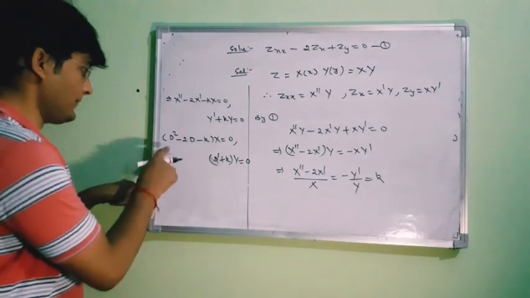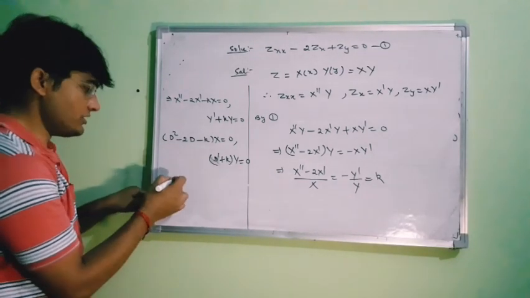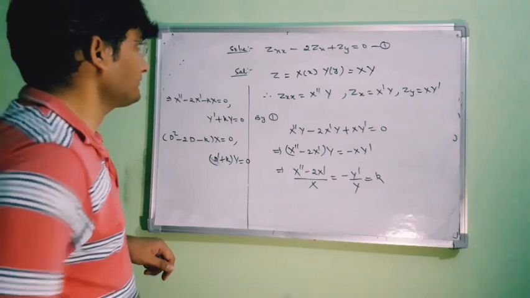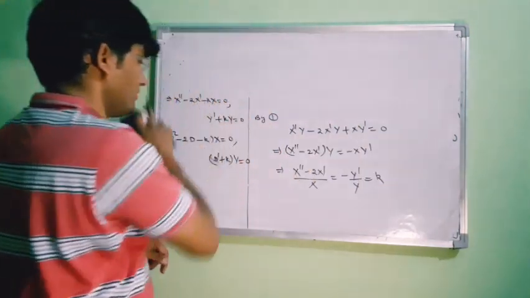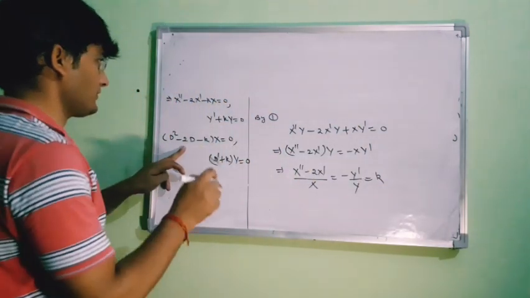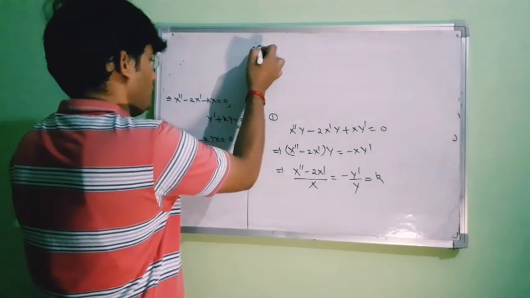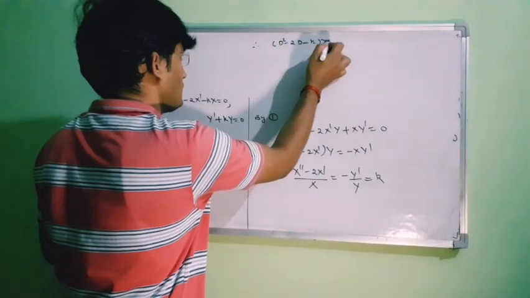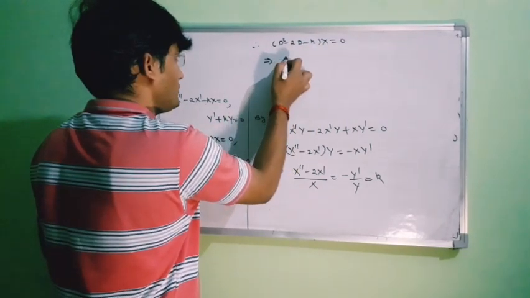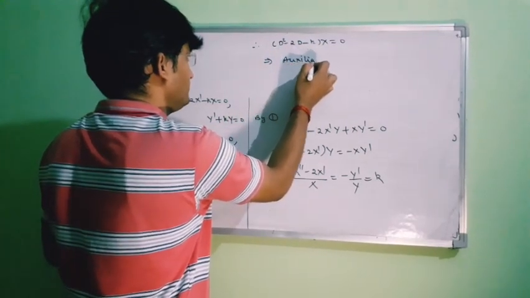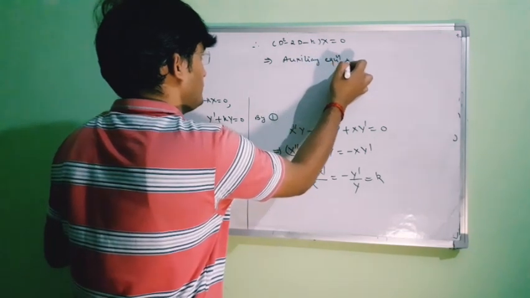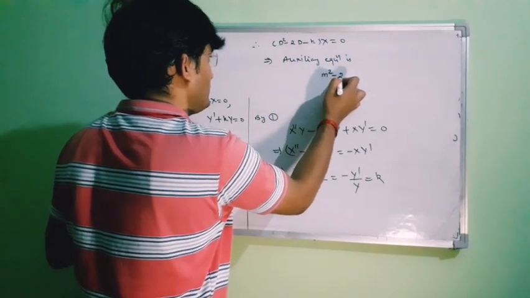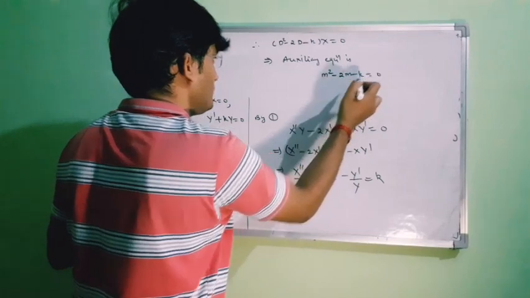For the first part, our auxiliary equation will be, replacing D by m, m square minus 2m minus k equal to 0.